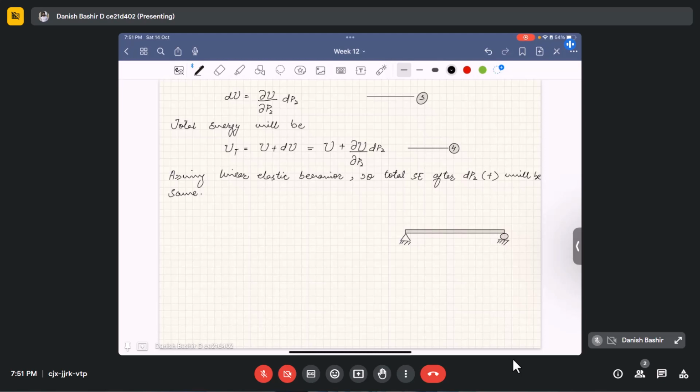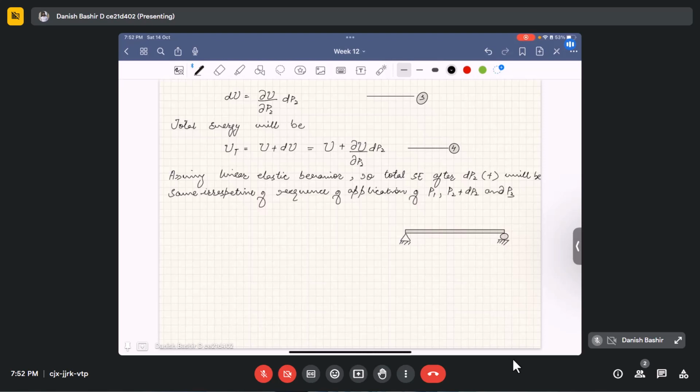Assuming linear elastic behavior, the total strain energy after dP2 is added will be the same irrespective of the sequence of application of P1, P2 plus dP2, and P3.